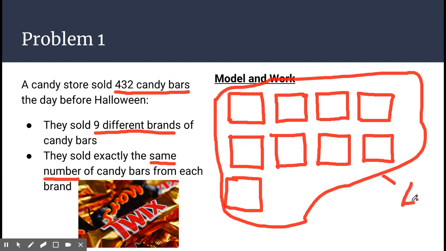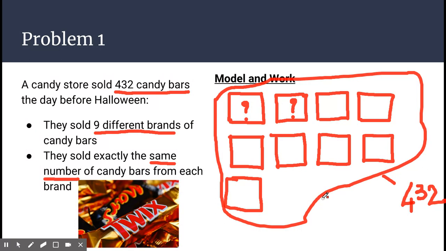Now, one thing I forgot to write under that problem is the question, my mistake. So the question in this problem is, how many candy bars of each brand did the store sell? Like how many Kit Kat did they sell? How many Crunch did they sell, etc., etc.